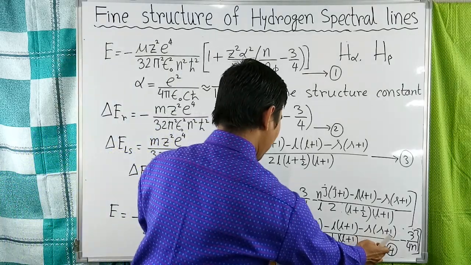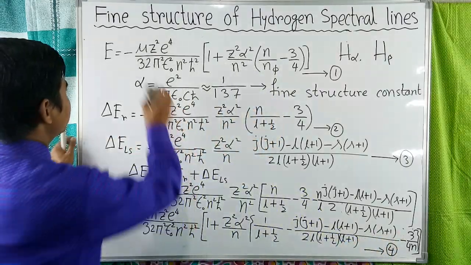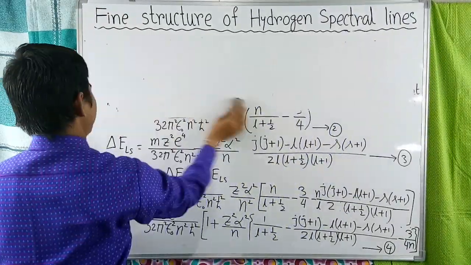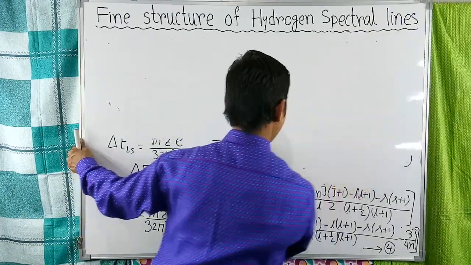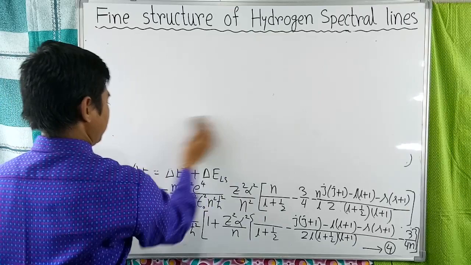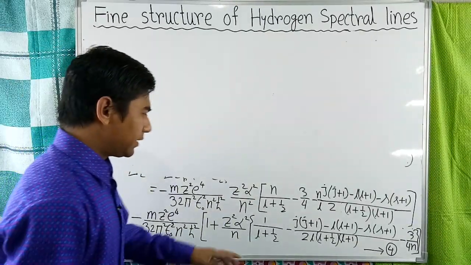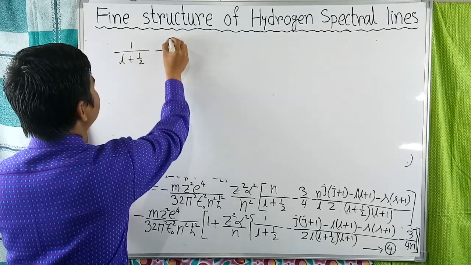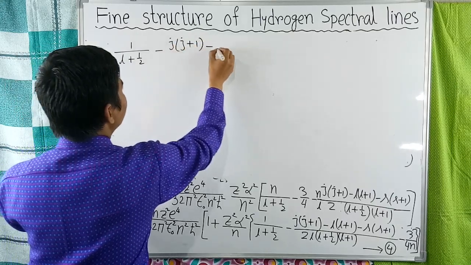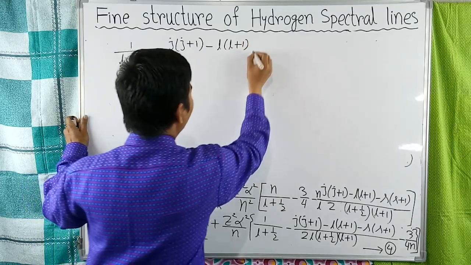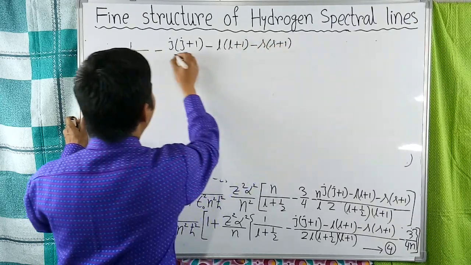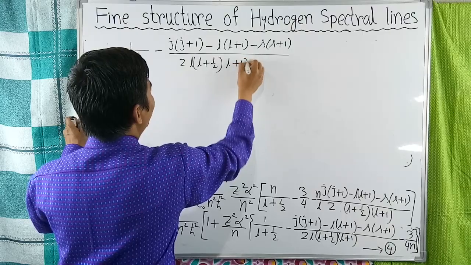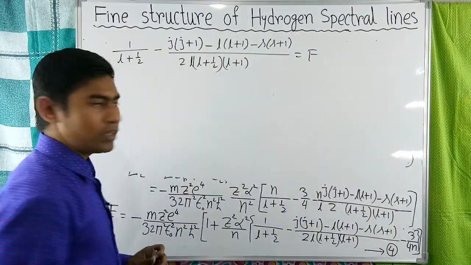Now let this term be F. Let 1 by L plus half minus J into J plus 1 minus L into L plus 1 minus S into S plus 1 by 2L into L plus half into L plus 1 equal F. Suppose this is equation 5.